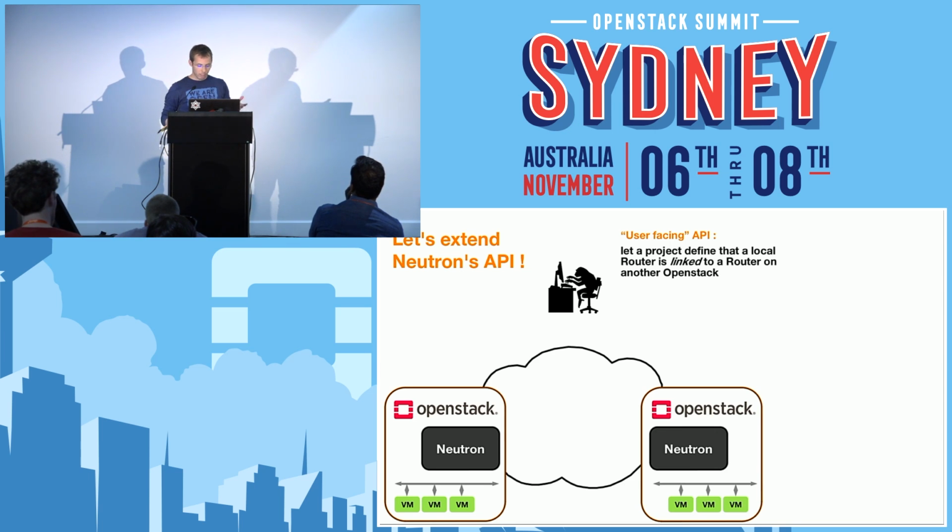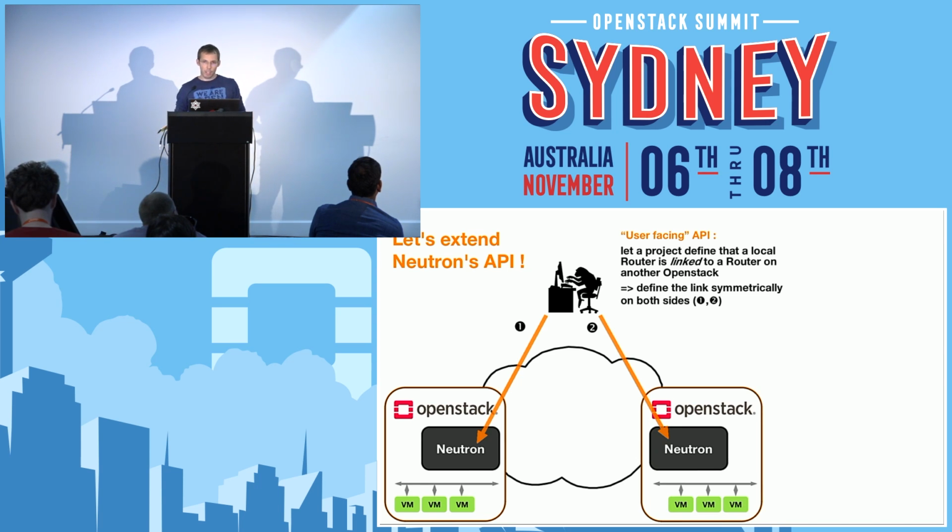And the idea is that this API will be used by projects to define a same link symmetrically on both sides. So you will say on side A, I need to have this router being linked to side B's router, the other router. And on side B, you will define the symmetrical link.